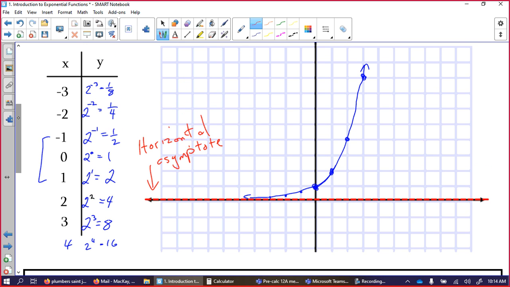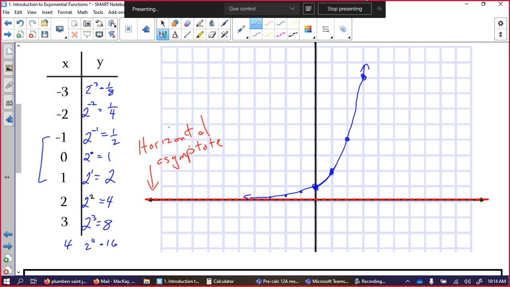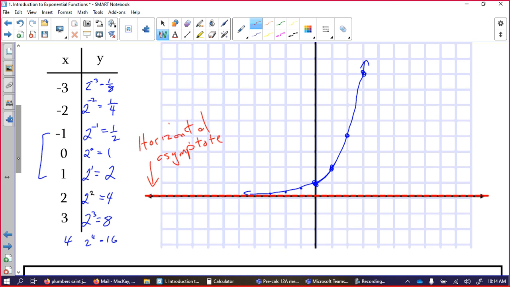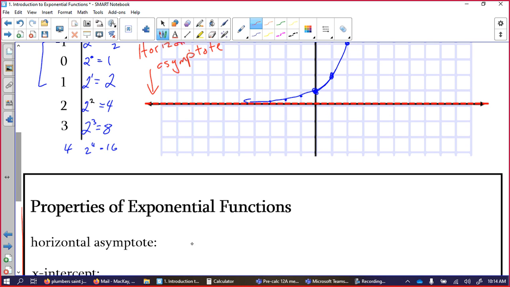So this side keeps getting bigger and bigger: 16, 32, 64, 128, 256, etc. And one side gets tinier and tinier. So this one has a horizontal asymptote at y equals 0.